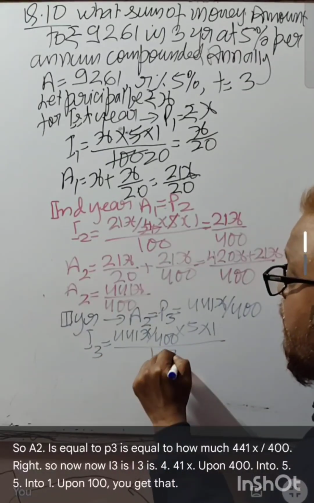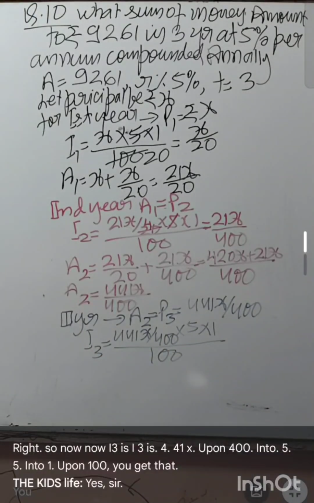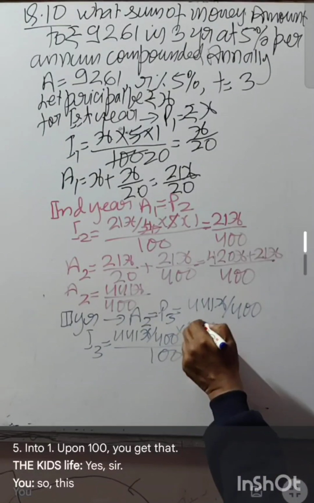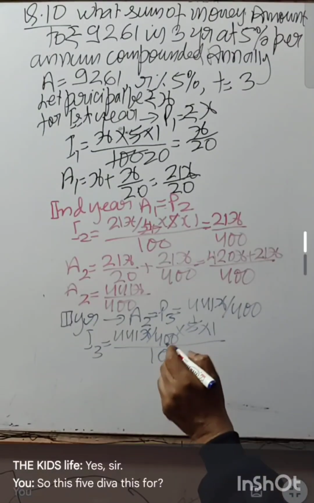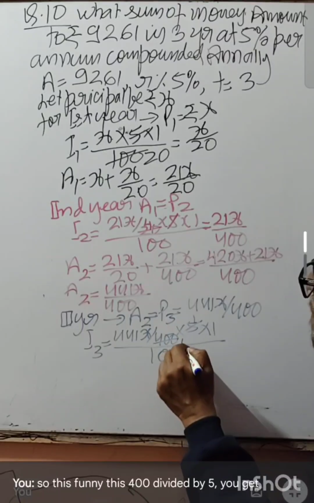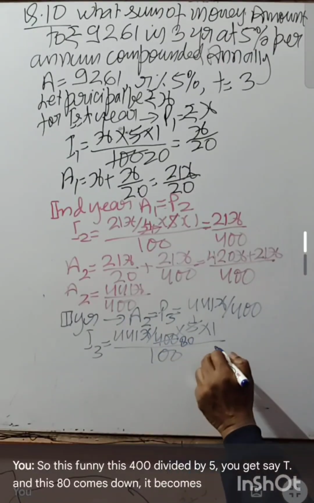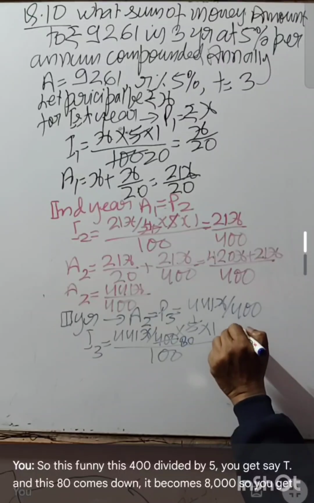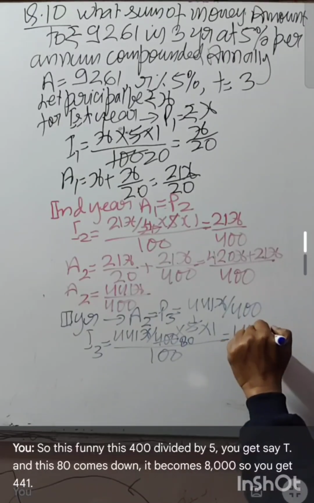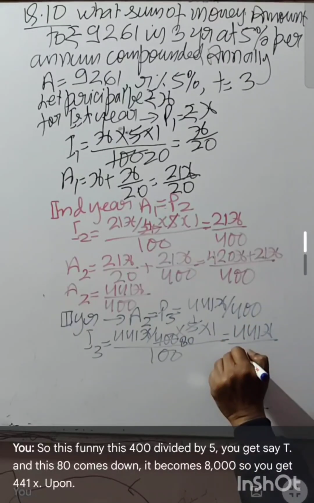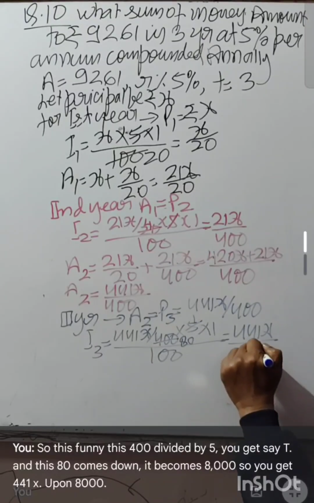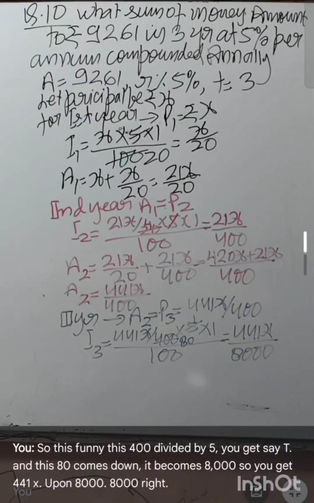Here 400 divided by 5 you get 80, and this 80 comes down, it becomes 8,000. So you get 441x upon 8,000.